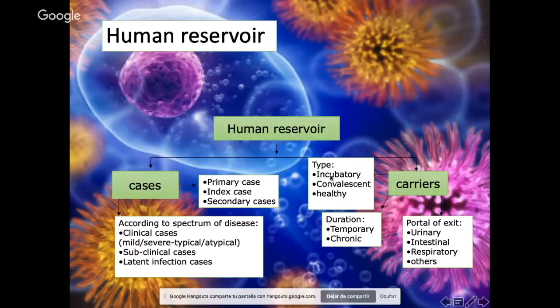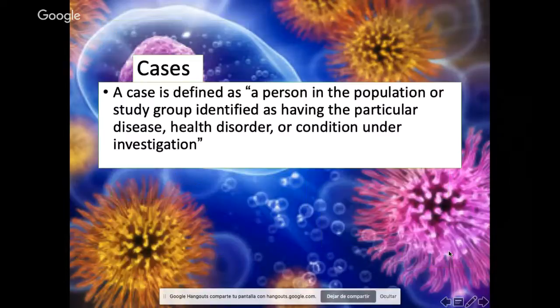We have some types: incubatory, convalescent, and healthy. And that has a duration, temporary or chronic. And a portal of exit: urinary, intestinal, respiratory, and others.